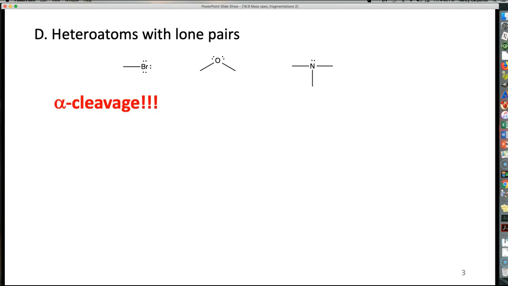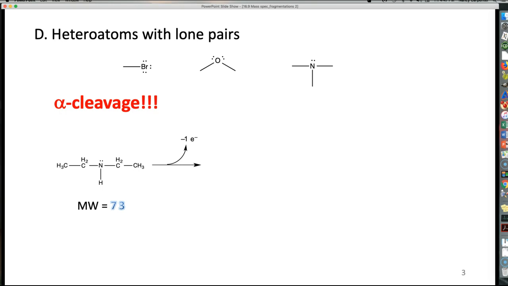The key fragmentation pattern that we're going to see in the mass spec for samples that contain heteroatoms is something called alpha cleavage. So we'll start by looking at diethylamine. Diethylamine, being an amine with one nitrogen in it, has an odd molecular weight. Its molecular weight is 73.